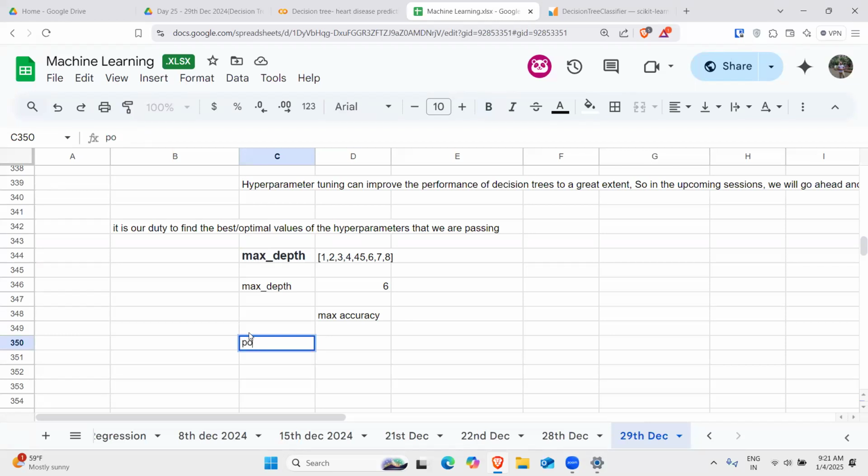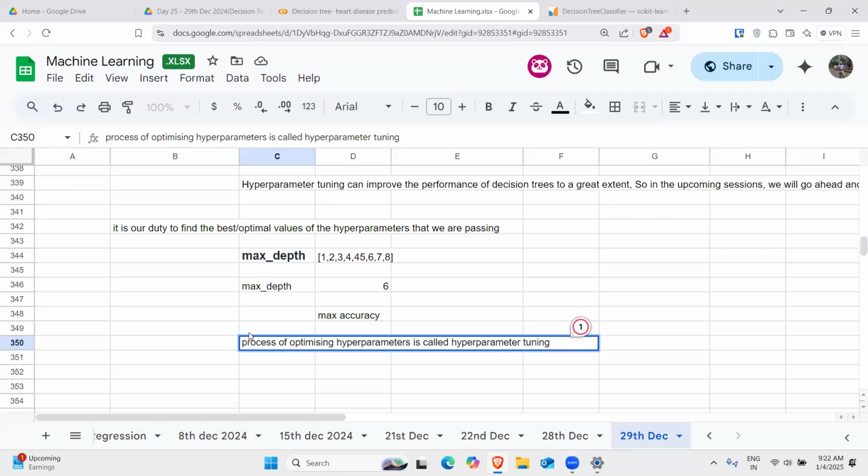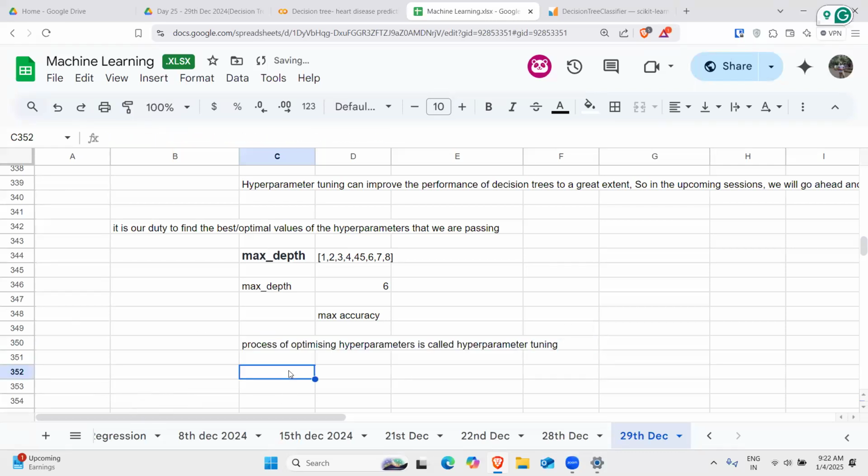So the process of optimizing hyperparameters is called hyperparameter tuning, right? And you will learn to do this in the next part, after some time, after half an hour. So that's what we have for hyperparameter tuning.